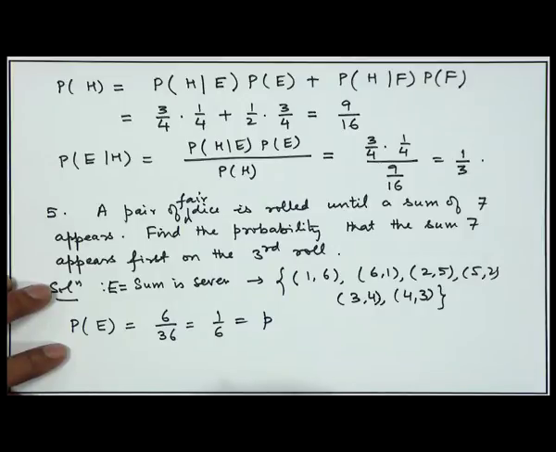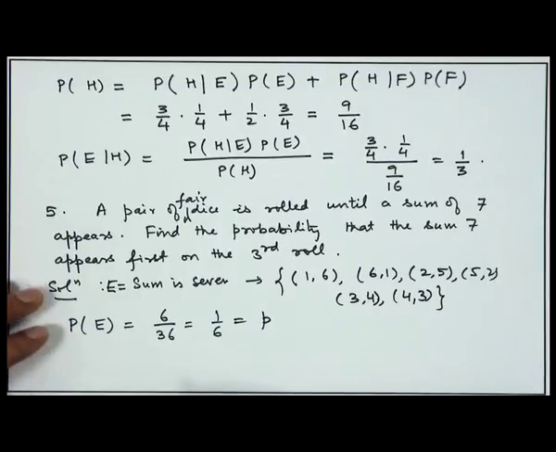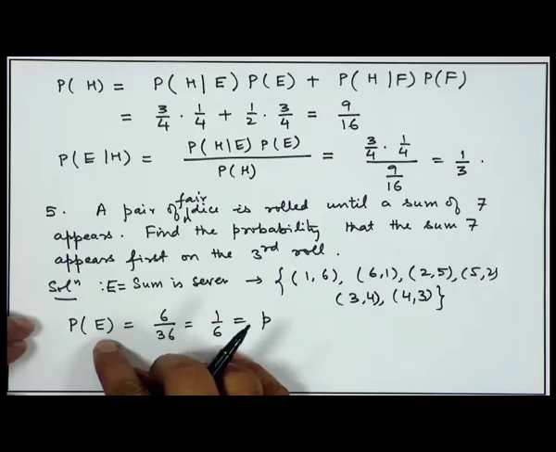Now, the next question is: what is the probability that the sum of 7 appears first on the third roll of the pair of fair dice? What does it mean? It means that on the first roll we do not get the sum 7. That means event E complement happens.